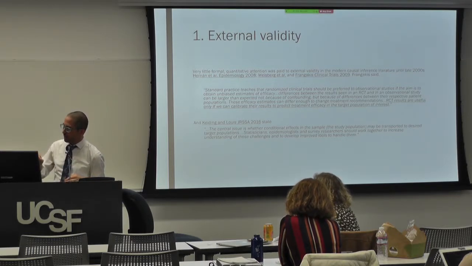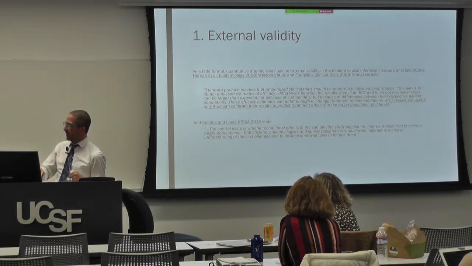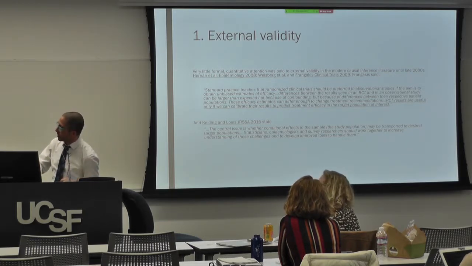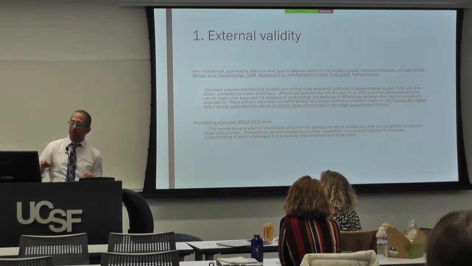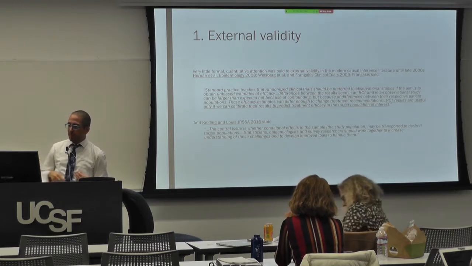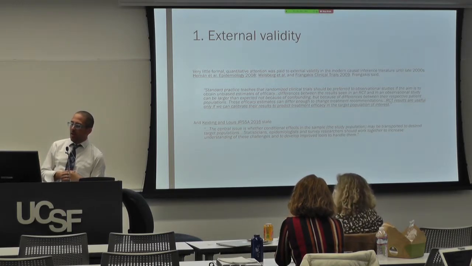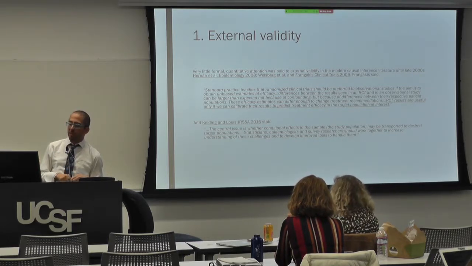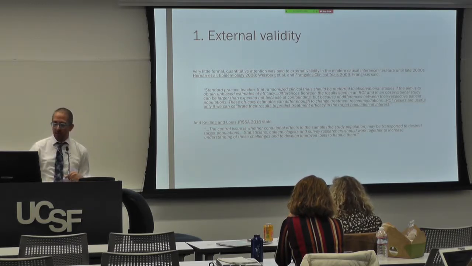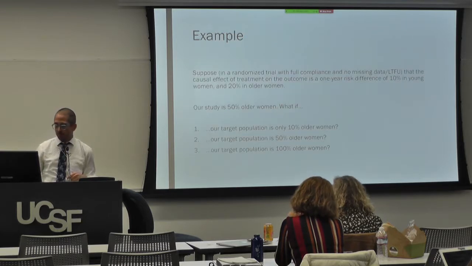That only is a pretty strong statement, and I know for a fact there are people in this audience who object to it, but it's an interesting perspective, especially, I think, from a trialist. Keating and Lewis had a separate paper a couple years later saying statisticians, epidemiologists, and survey researchers should work together to increase understanding of these challenges and develop improved tools to handle them.